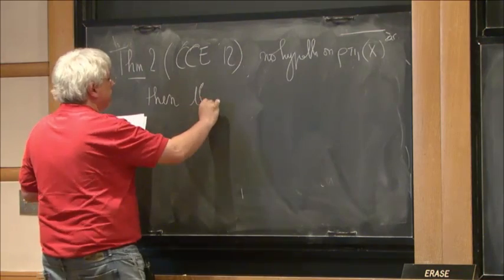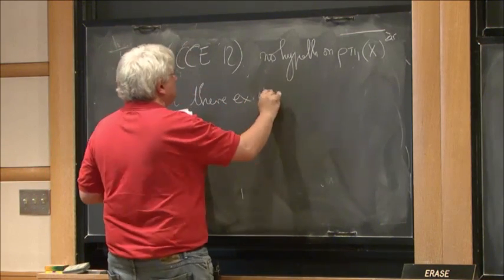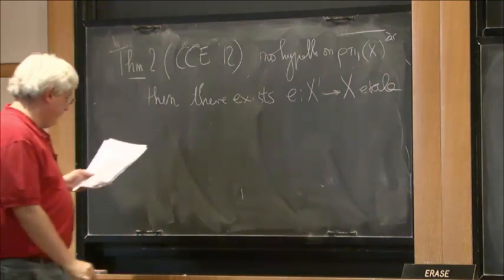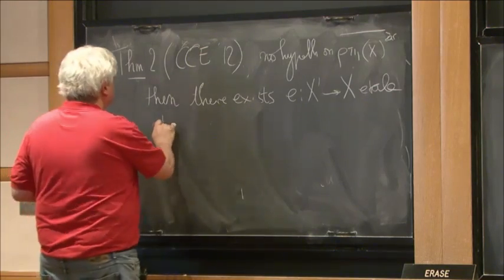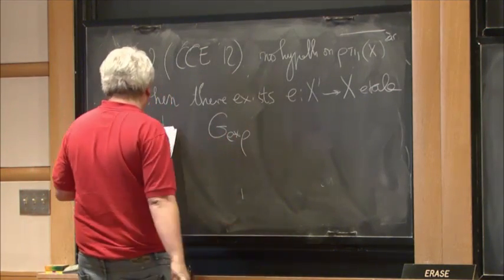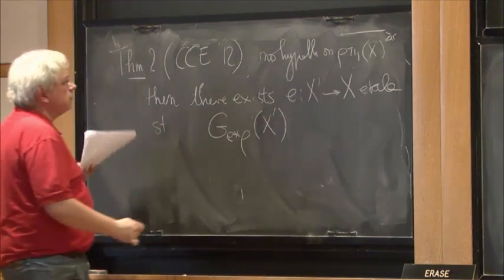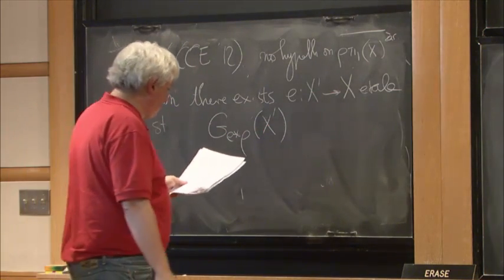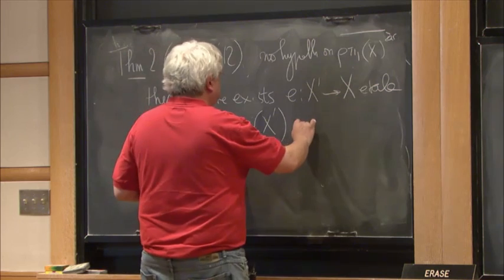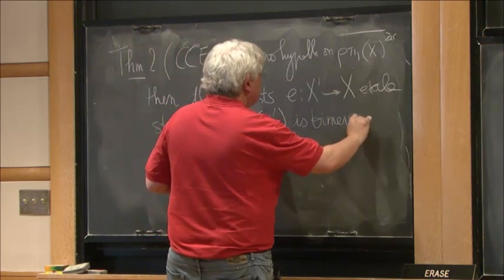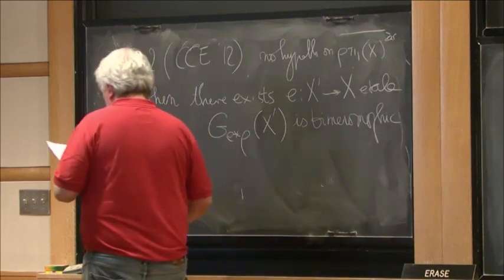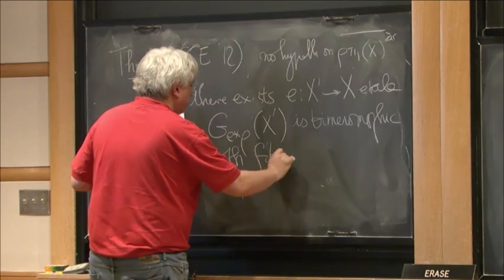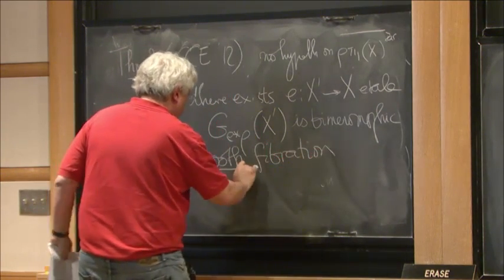Then there exists, it's not so easy to control, an étale covering of X such that the Shafarevich variety of X prime, which is the finite modification of the Shafarevich variety of X, as we had explained, is bimeromorphic to a smooth fibration, so no singular fibers.